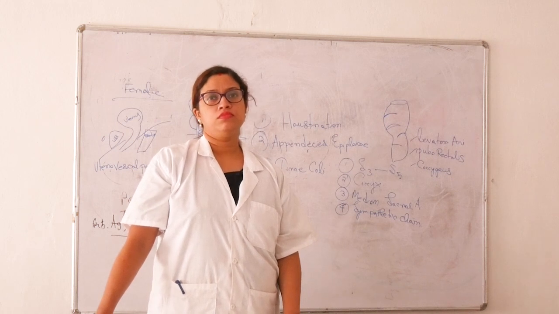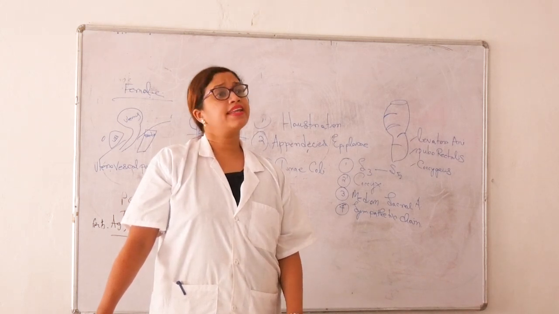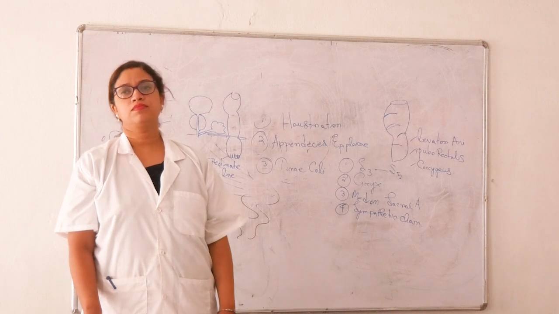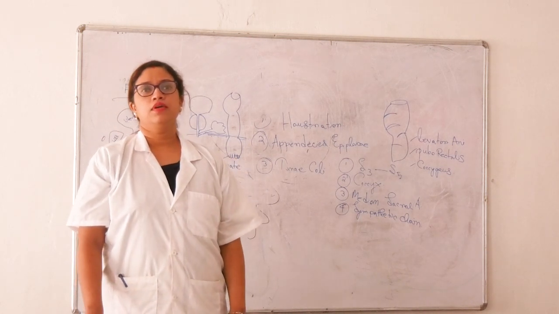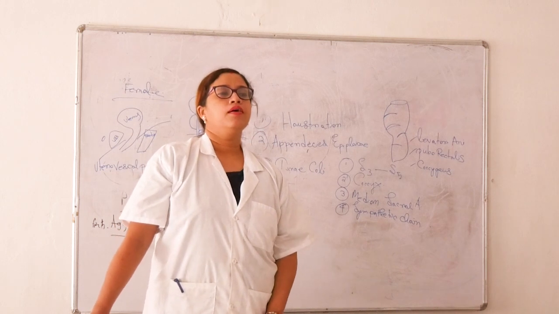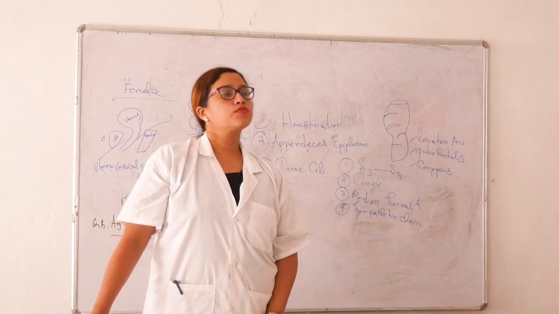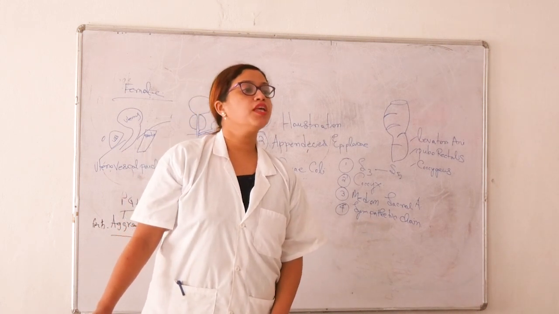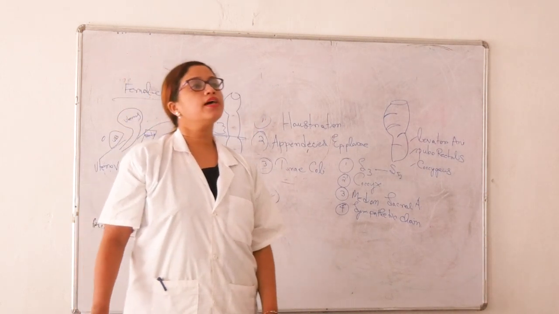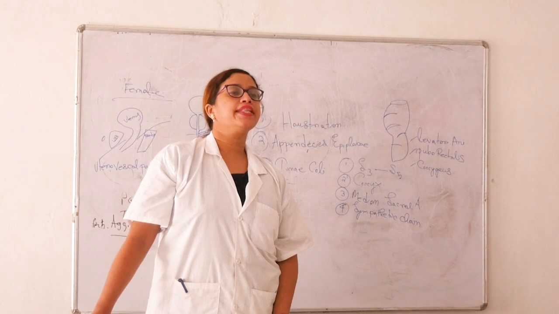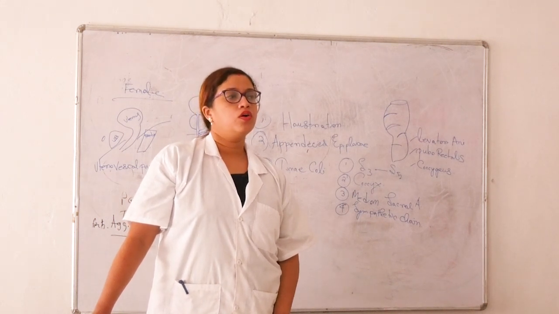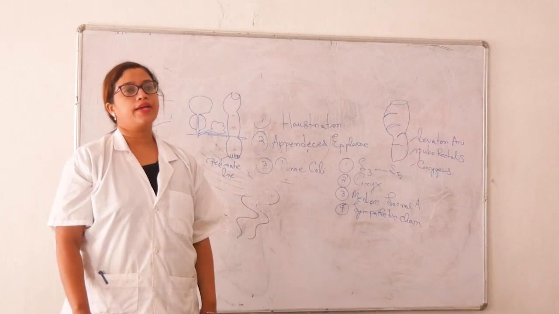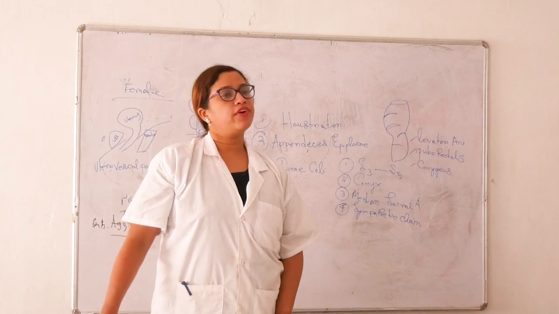The appendix has a mesentery, we have studied the appendix. There is no mesocolon in some parts, but it is present in the transverse colon and the sigmoid colon. So there is another type of lymph node known as mesenteric lymph nodes. So these are the 4 types of lymph nodes you will get in the rectum. Okay, so this is about the lymphatic drainage.